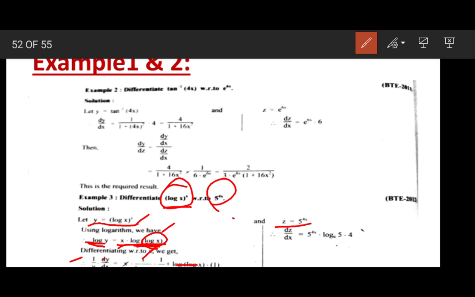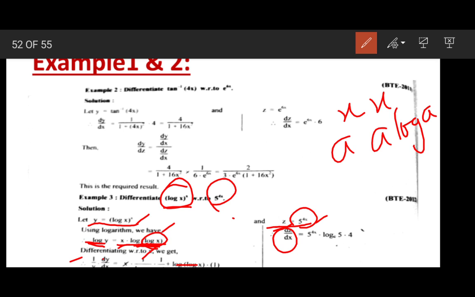Here z is equal to 5 raised to 4x. So differentiating z with respect to x, we get dz upon dx, and that is equal to 5 raised to 4x, which is the a raised to x formula. So derivative of a raised to x is a raised to x into log a.